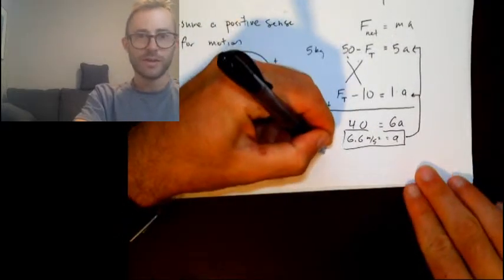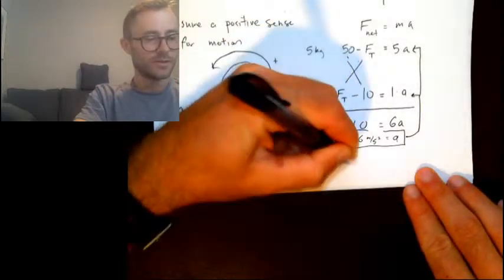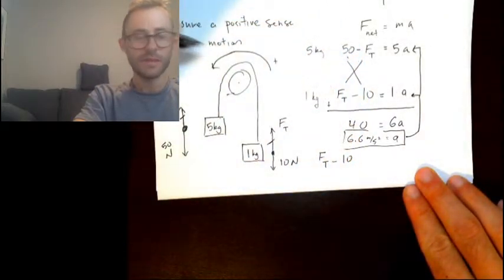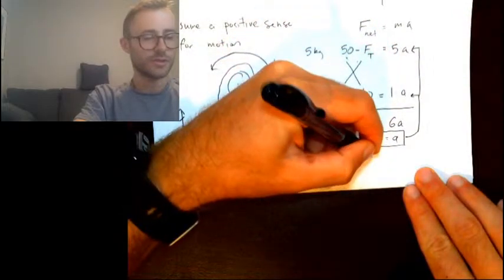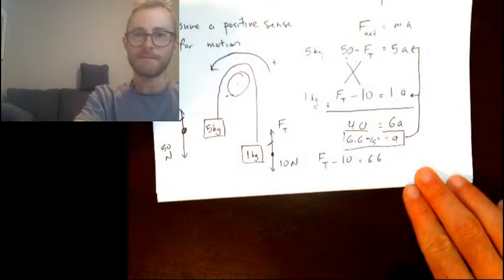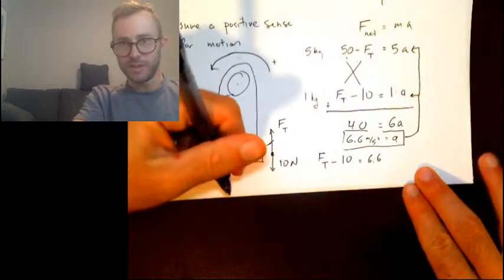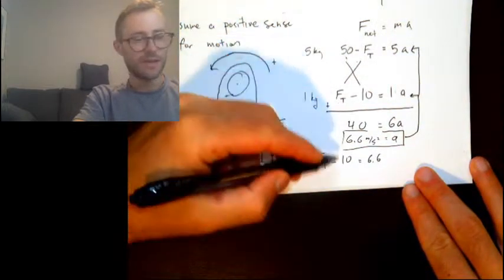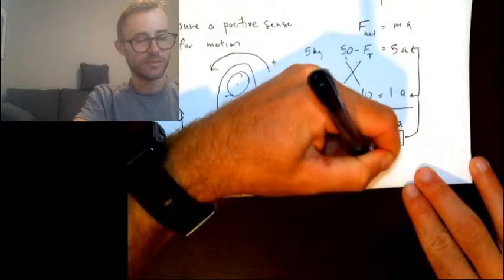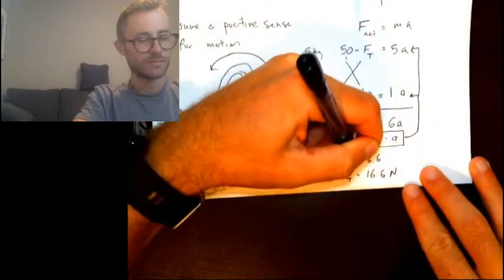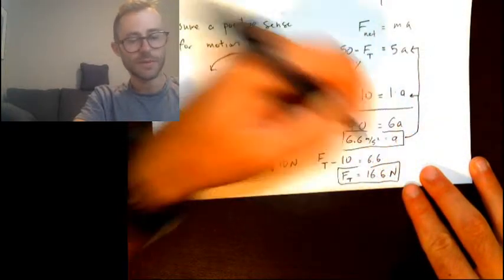So I have f sub t minus 10 equals 1 times 6.6. So that means that the tension in the rope, adding the 10 to the other side, f sub t equals 16.6 newtons. Okay?